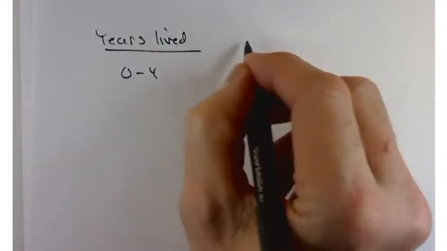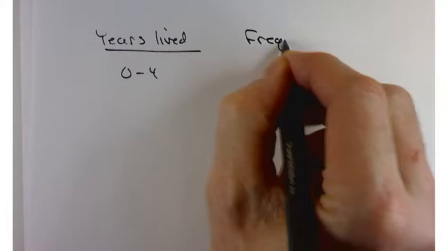So it says years. I'm not going to write it all down. Years the president lived after first inauguration. So years lived: 0 to 4, and then the frequency.